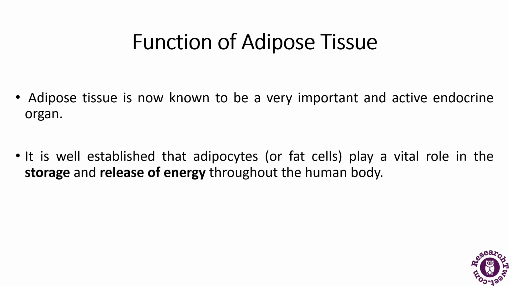More recently, the endocrine function of adipose tissue has been discovered. In addition to adipocytes, adipose tissue contains numerous other cells that are able to produce certain hormones in response to signals from the rest of the organs throughout the body.